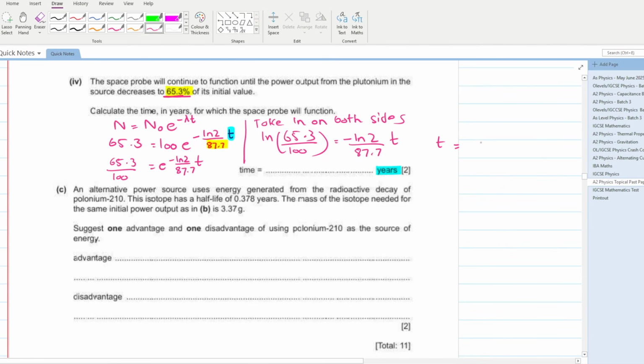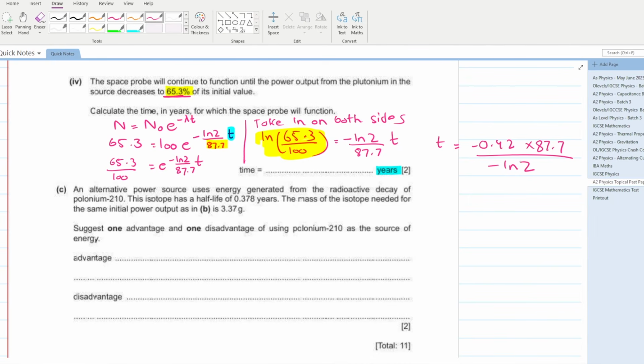This gives you a value of minus 0.42. This entire fraction gives you a value of minus 4.2. Okay, this is multiplied with 87.7 divided by negative ln2. So let's do that as well. Divide this answer by ln2.